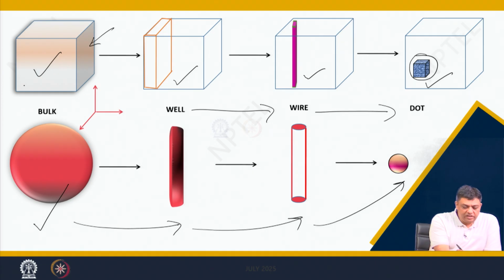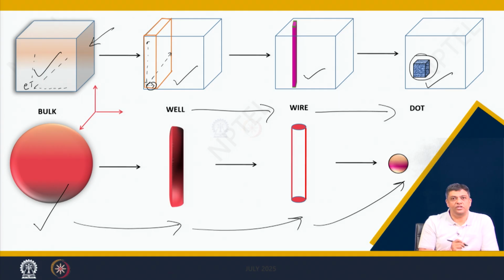So, let us say there is an electron. If you see, the electron in a bulk is able to traverse long distances in all the three dimensions. But in a quantum well, in this direction it is confined, whereas in the other directions it can traverse a long distance. So, it has confinement in one dimension.